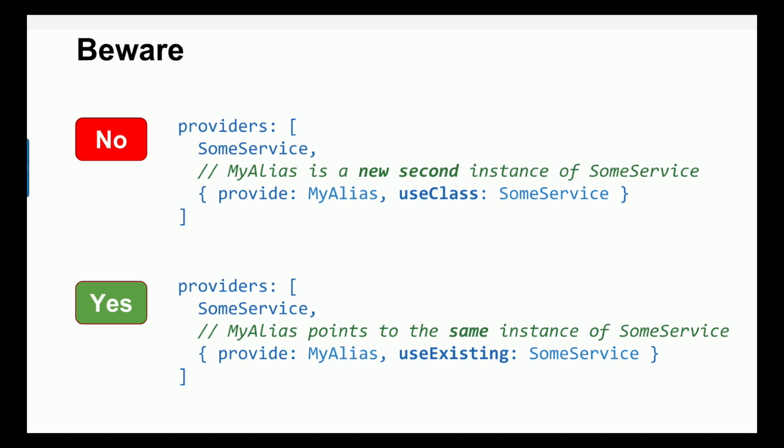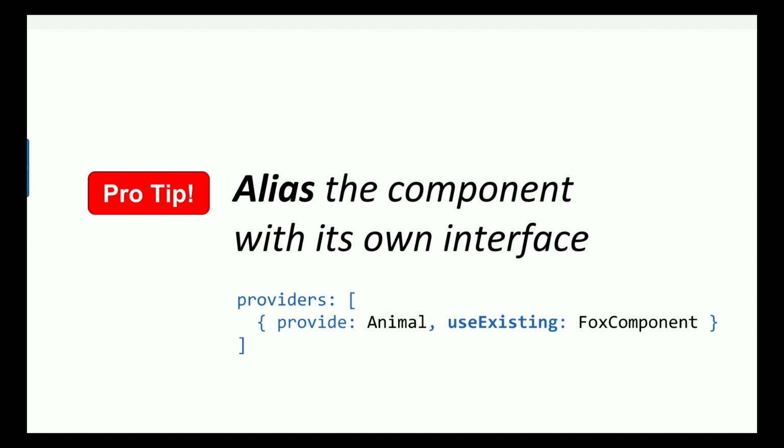All right. You say, really, do I need this? Hey, bear with me. We're almost there. Because we're going to use that trick, that fact of aliasing, to alias the component with its own interface.